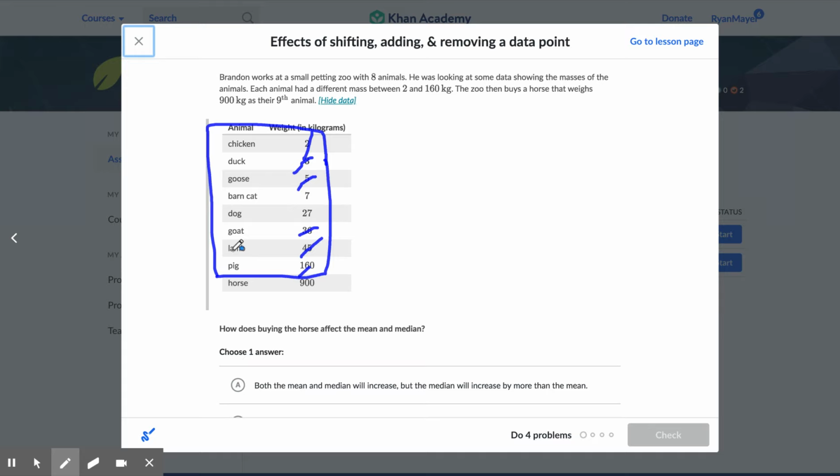I would add those up. It would be 34. 34 divided by 2 is going to be 17. So my median for the first section, we'll just say MD, is going to equal 17. That was before we added the horse to this scenario.